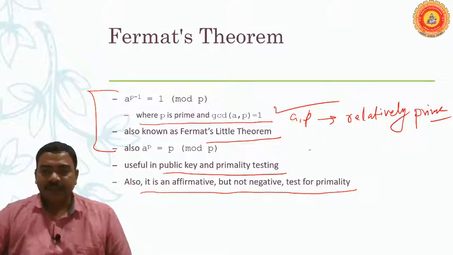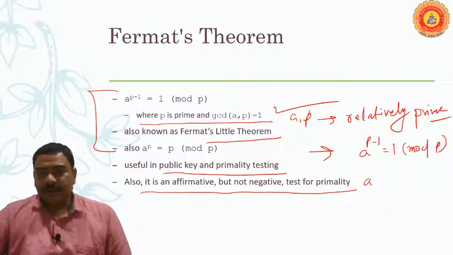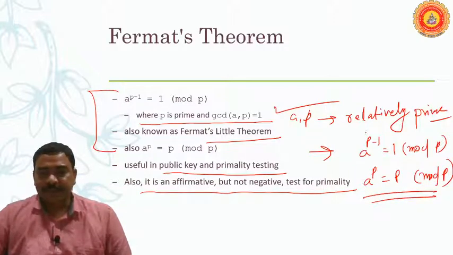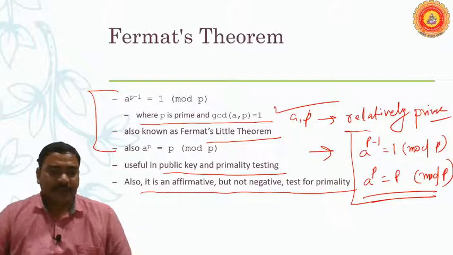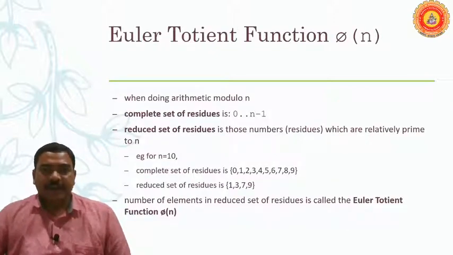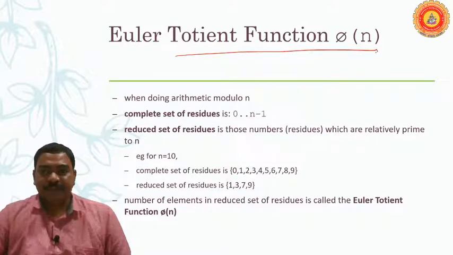So here we have two points: a to the power p minus 1 is equal to 1 mod p, and a to the power p is equal to a mod p, Fermat's little theorem.